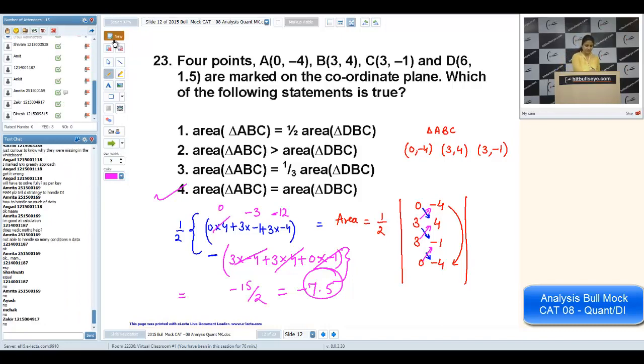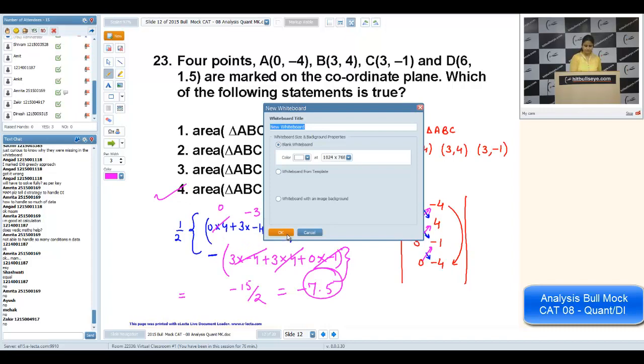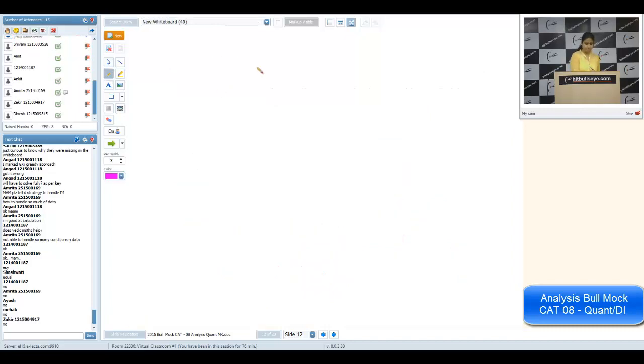Once again, I'm writing: 0, minus 4; 3, 4; and 3, minus 1. You place 1, 1, 1 as the last column. Now you can find the determinant and we will take its half as well. That is again the formula for finding the area of a triangle.